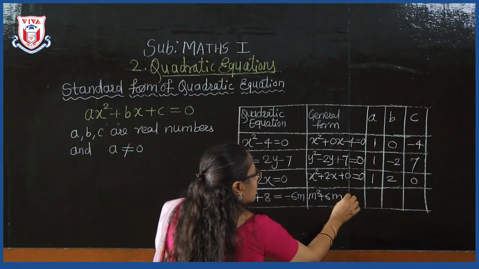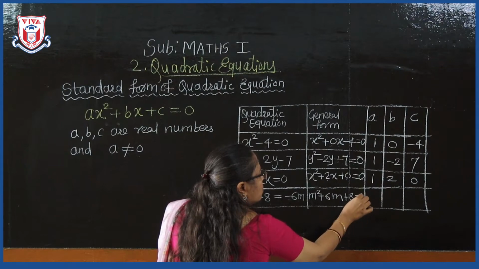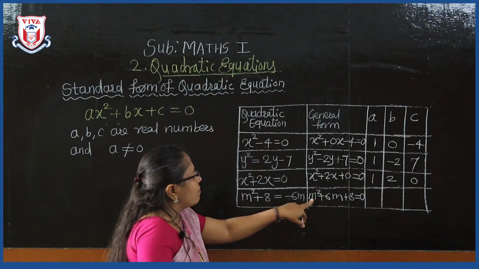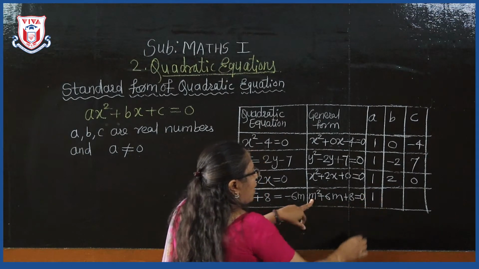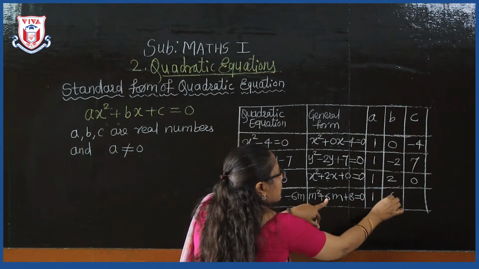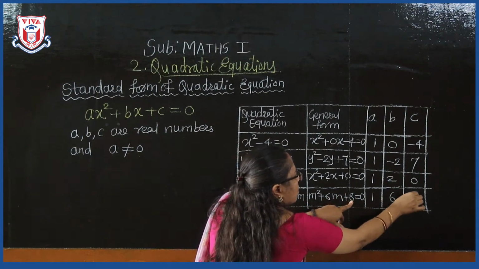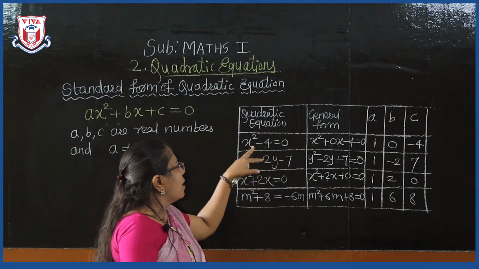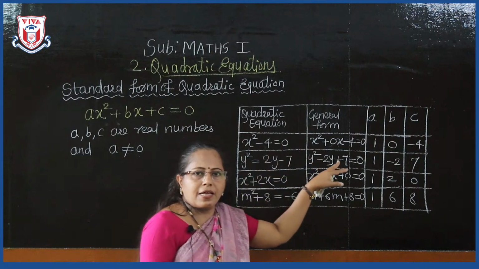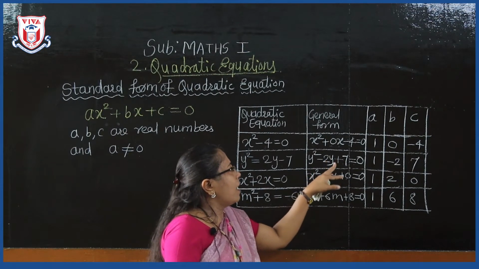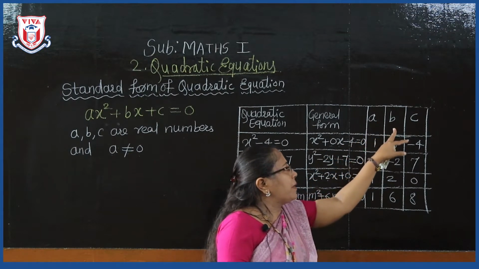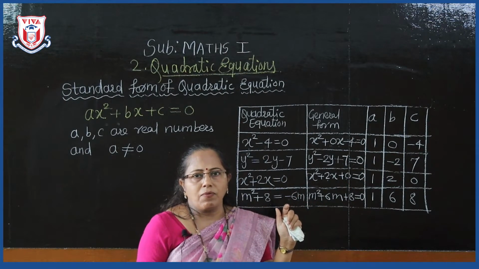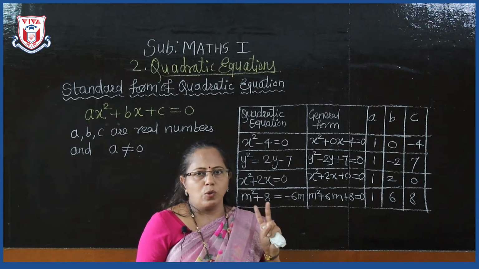Plus 8 equal to 0. Okay, now compare with standard form. We will get a is equal to 1, b is equal to 6 and c is equal to 8. Followed? Understood, students? How to write the given quadratic equation in general form and how to find out values of a, b and c. Maybe this question will come in the exam for either 1 mark or 2 marks.